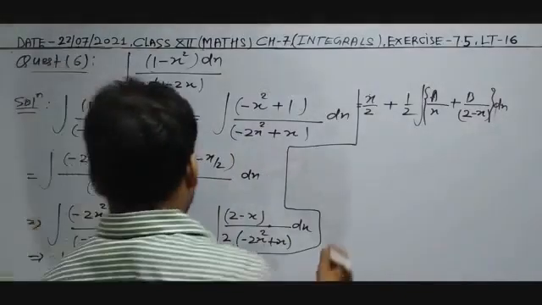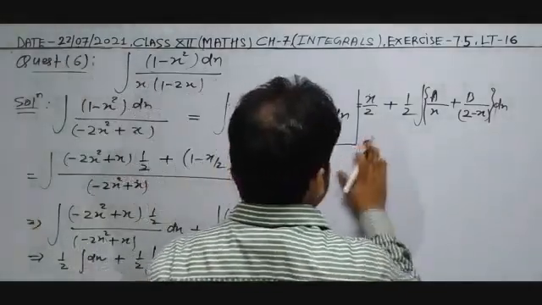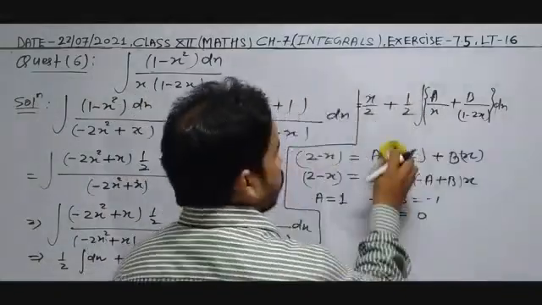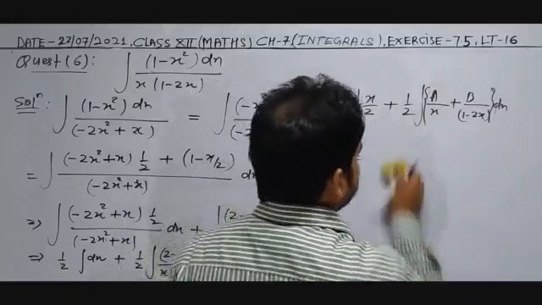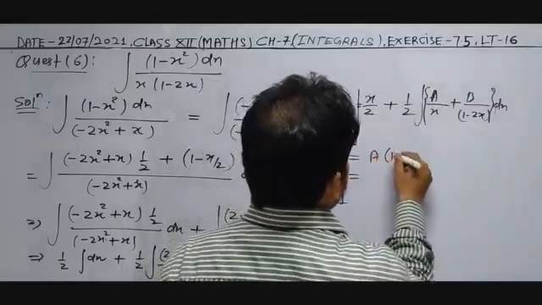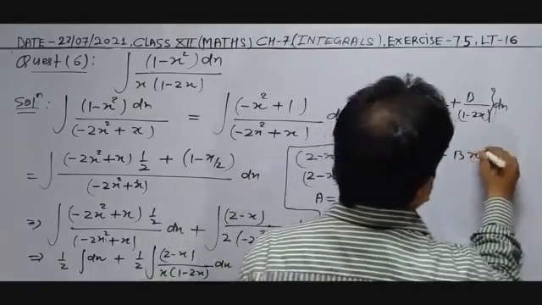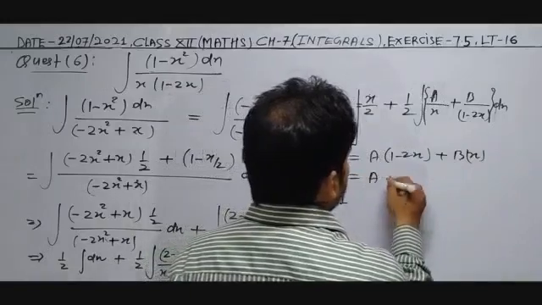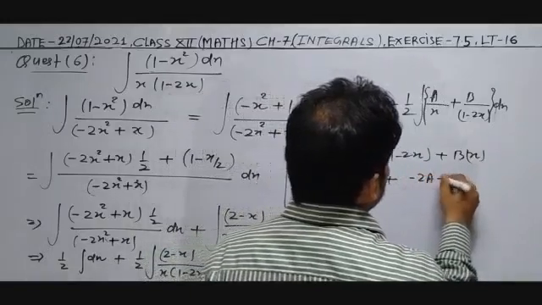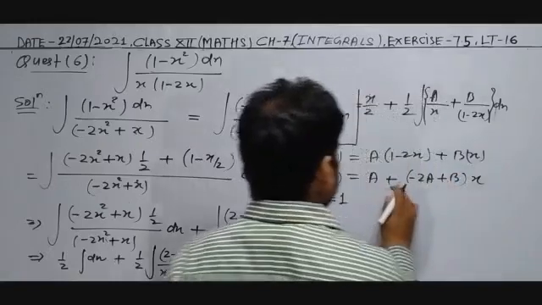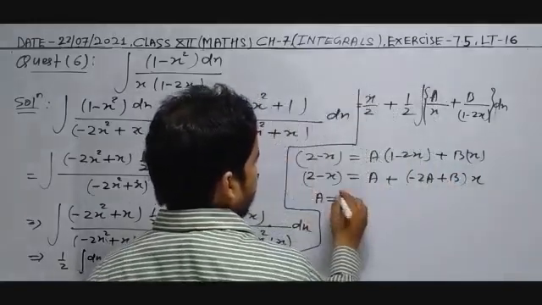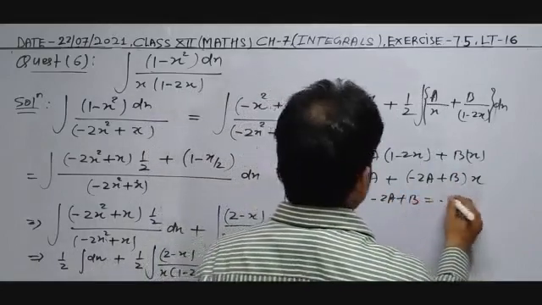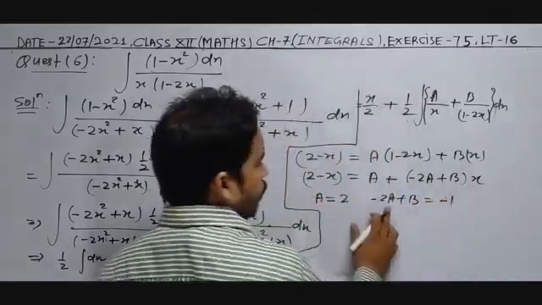So 2 minus x will be equal to a times 1 minus 2x plus b times x, and the calculation will be a plus minus 2a plus b times x, and after equating you will see a is equal to 2 and minus 2a plus b is equal to minus 1, and a is equal to 2 when you will put.